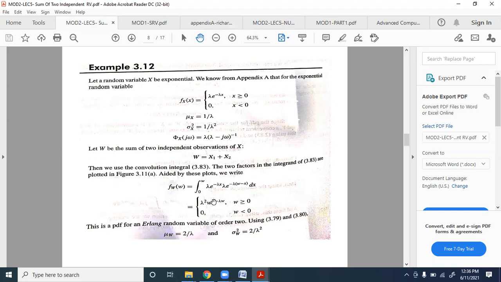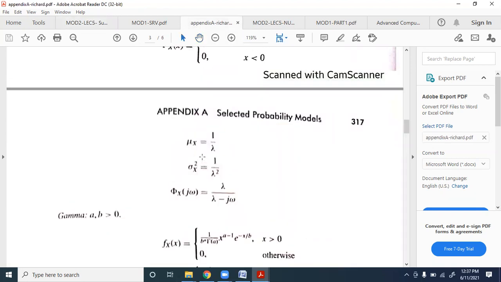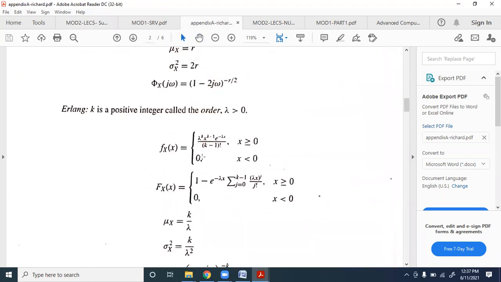Now this equation, if you see over here, is the same as the Erlang random variable of order 2. That means k is equal to 2. This is the PDF of the Erlang random variable for order 2, and that can be easily seen from Appendix A. Here, this is the PDF of the Erlang random variable for order k, when k is a positive integer.